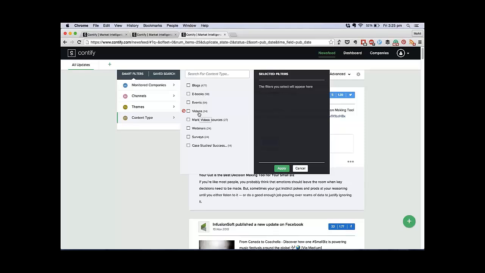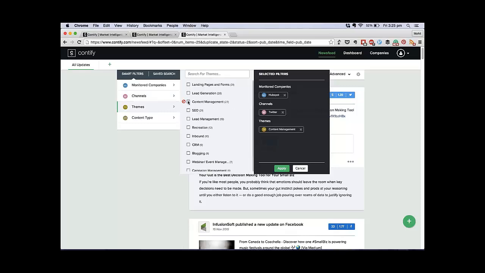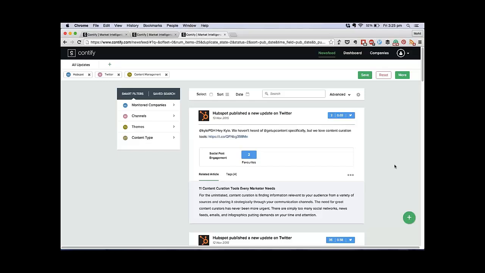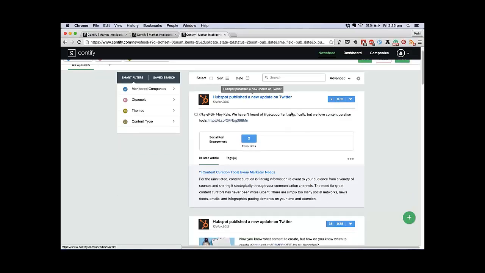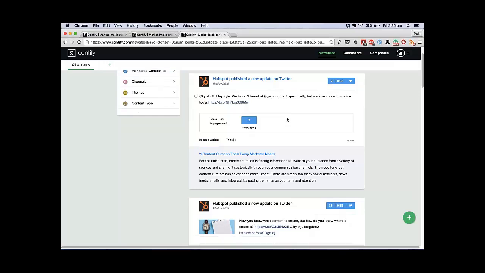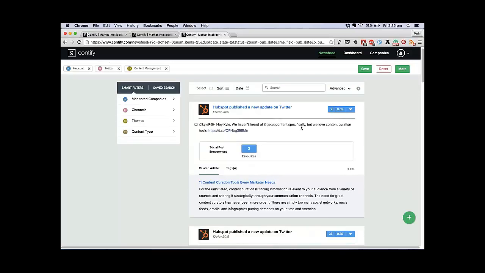And if we would like to see what HubSpot is publishing on Twitter about, say, content management, then if we apply these filters, we get the result. It published a new update on Twitter, saying we haven't heard of this, but we love the content curation tool. And this is HubSpot's content on Twitter about content management.